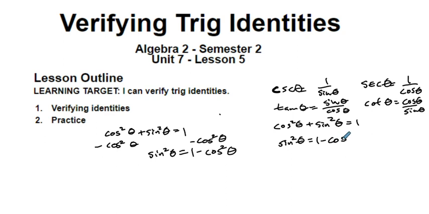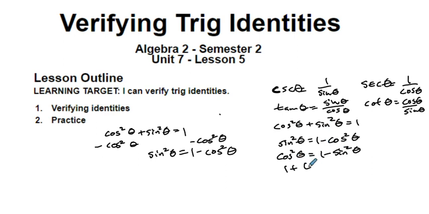Similarly, and I'm not going to write it down because I think you can intuit it, if we solved for cosine squared, you get the exact same equation except that cosine and sine trade spots: 1 minus sine squared.